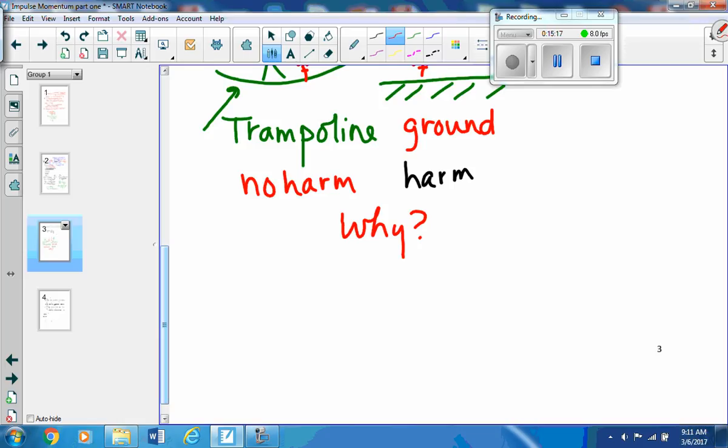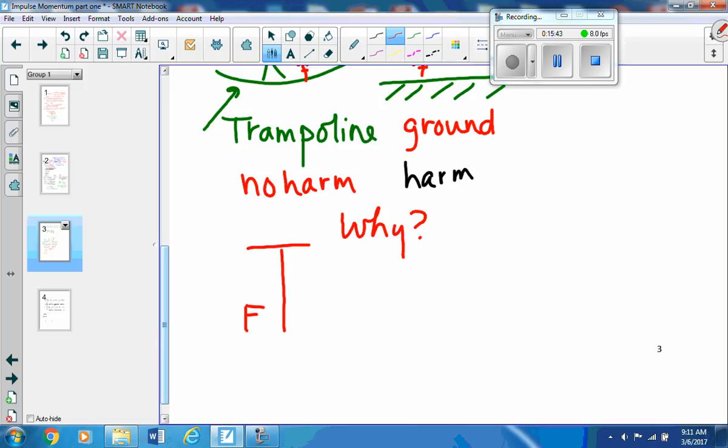Okay, well, here's why. What happens is we have an extended time interval on the trampoline. The person lands and the trampoline gives way, and the person travels with the trampoline downward. And so we have this extended time interval, which means that they're feeling a smaller force.